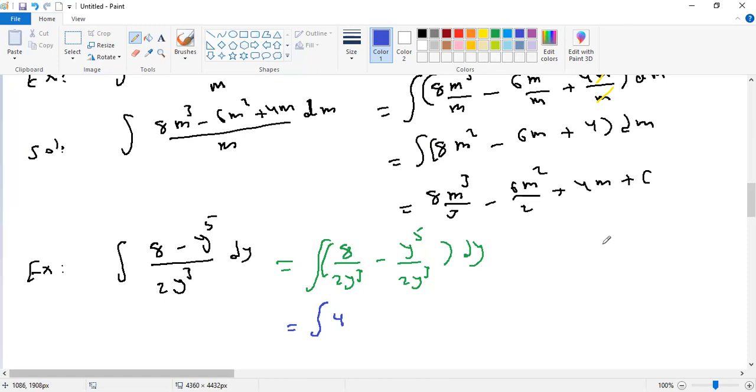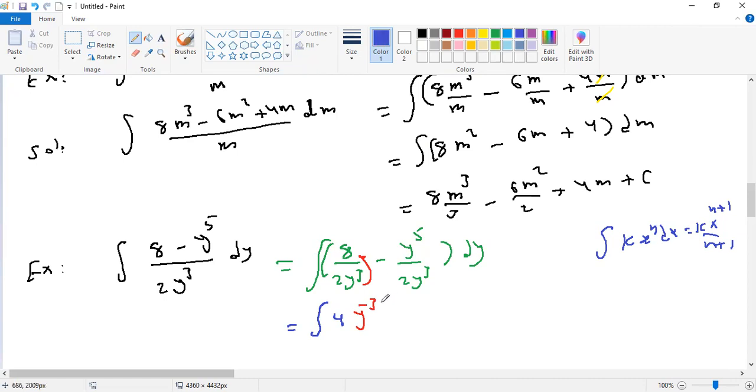Now what about this one, over y? The rule says the integral of kx^n dx equals k, x to the power n plus 1 over n plus 1. But here I have it over y, so I write it switched, up here. So then it will be y over negative 3.